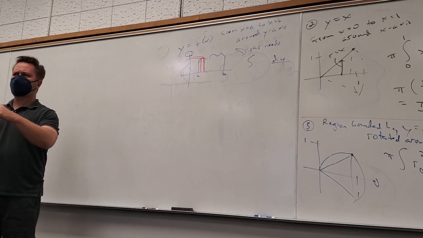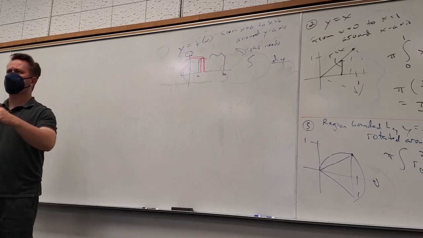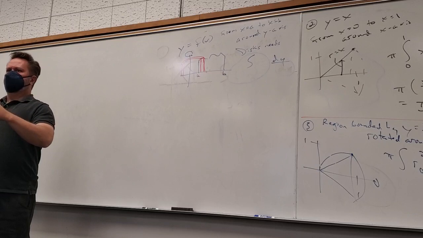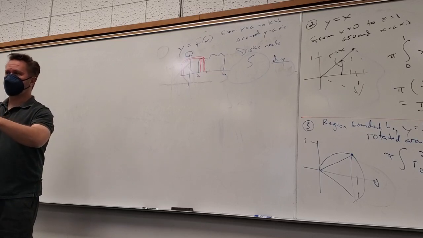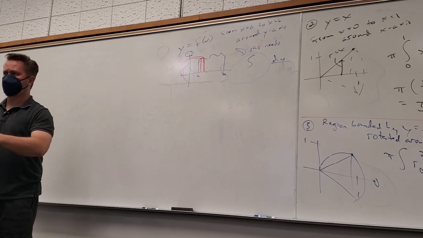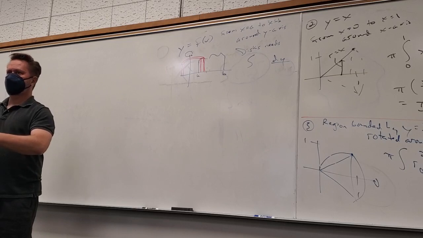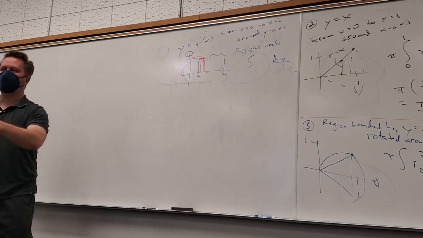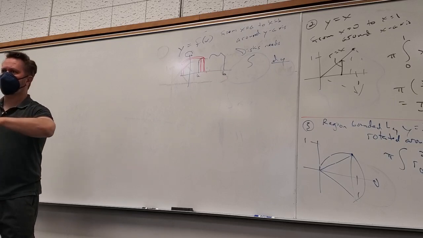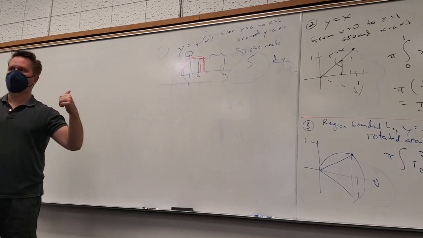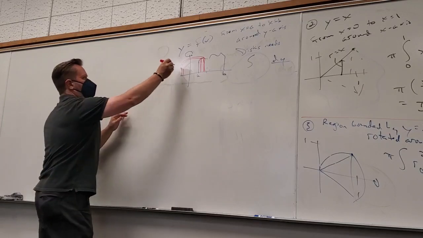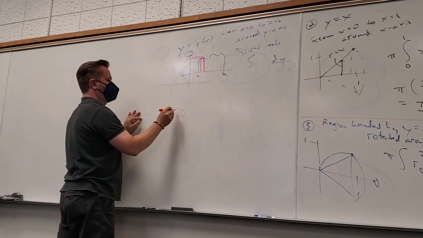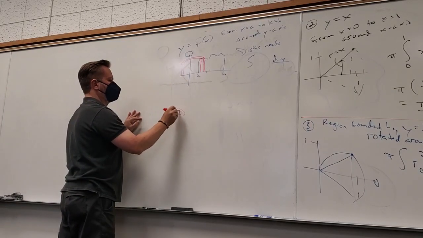Not a disc, because it's not filled in the middle, is it? It's going to be like a soup can. You guys agree with me? Isn't that middle going to be hollow? Yes? So officially we call that a shell. A shell around something means that the middle's hollow. And it's cylindrical in shape. So this is a cylindrical shell. So if I completed this and I put it down here, it would basically look like this.